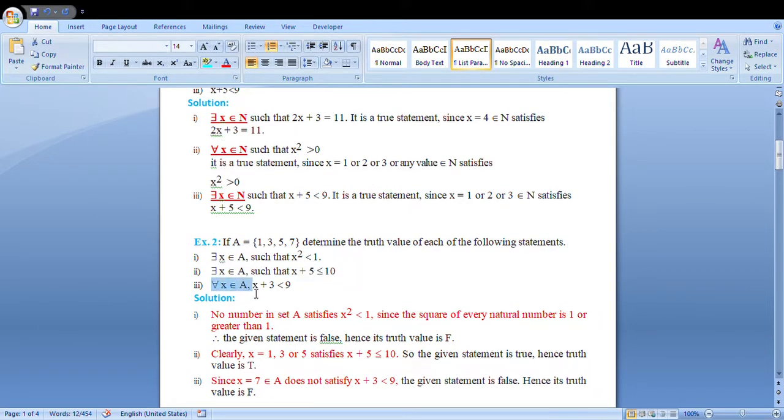For all x belongs to A, x plus 3 is less than 9. For all means every element should satisfy the statement. For x equal to 1, 1 plus 3 is 4. It is less than 9. It is true. 3, 3 plus 3, it is 6. It is less than 9.